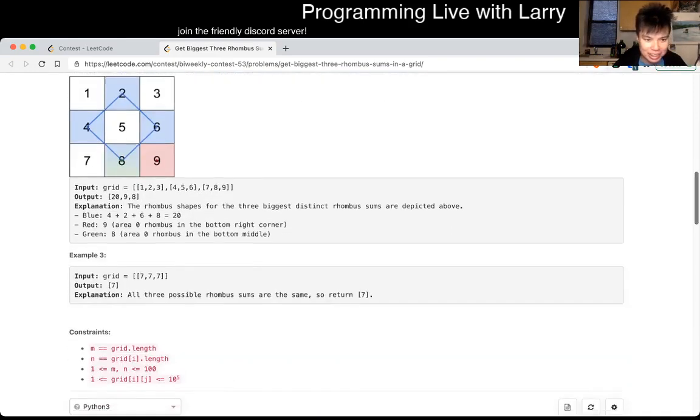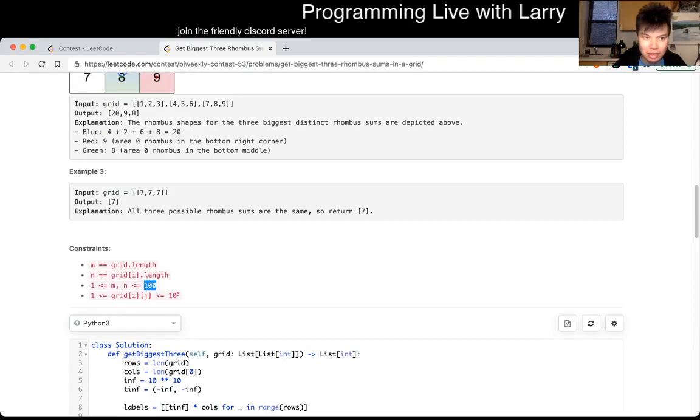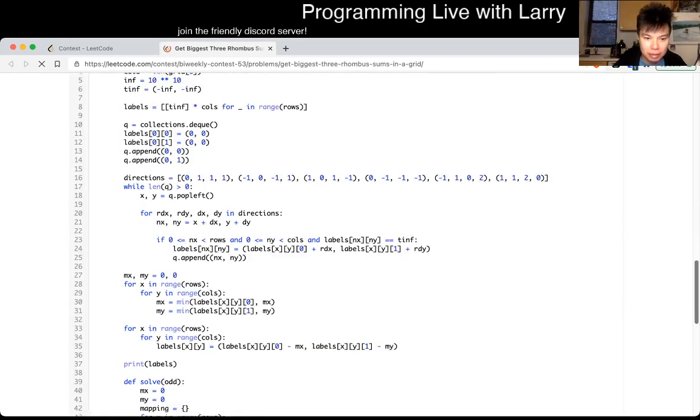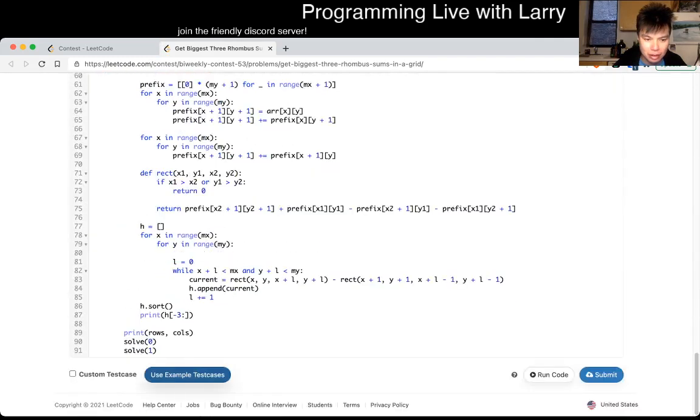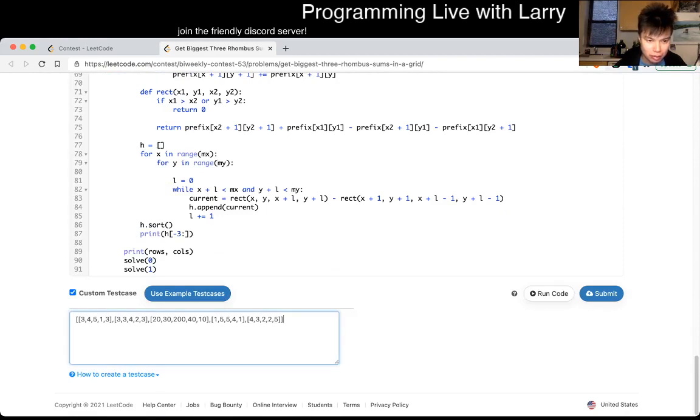They changed the constraints. This is clearly 100. Now I have to figure out how to do it right.